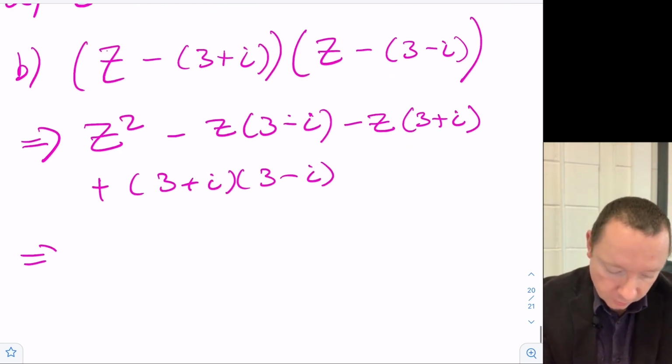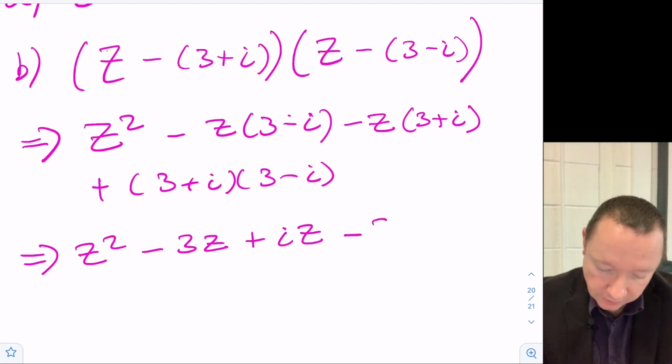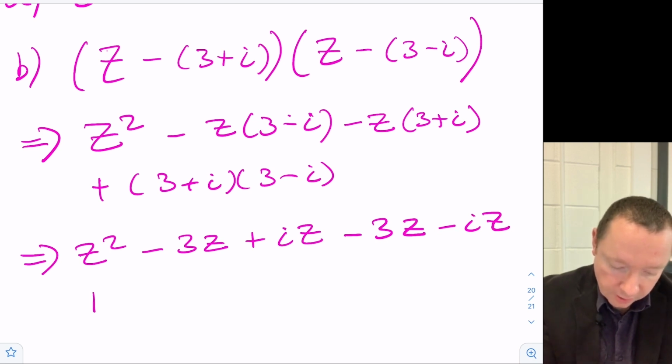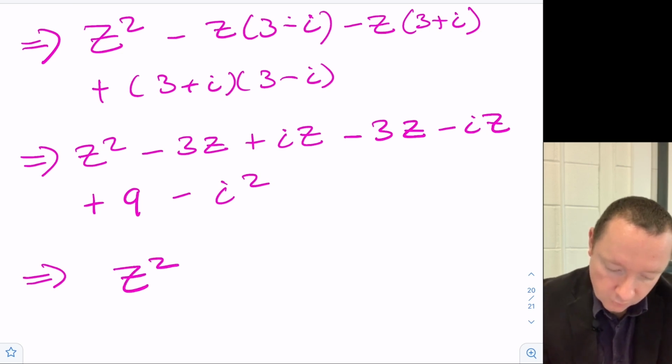So that implies we've got z squared minus 3z plus iz minus 3z again minus iz plus 9 minus 3i plus 3i is nothing minus i squared. So that implies that we've got z squared minus 6z.